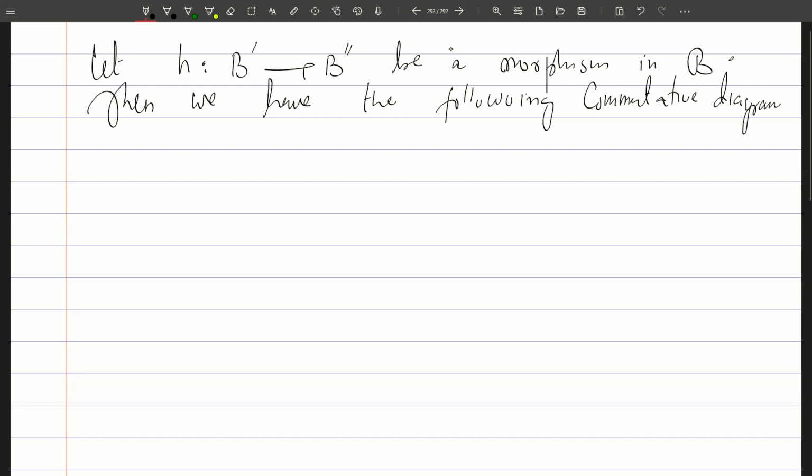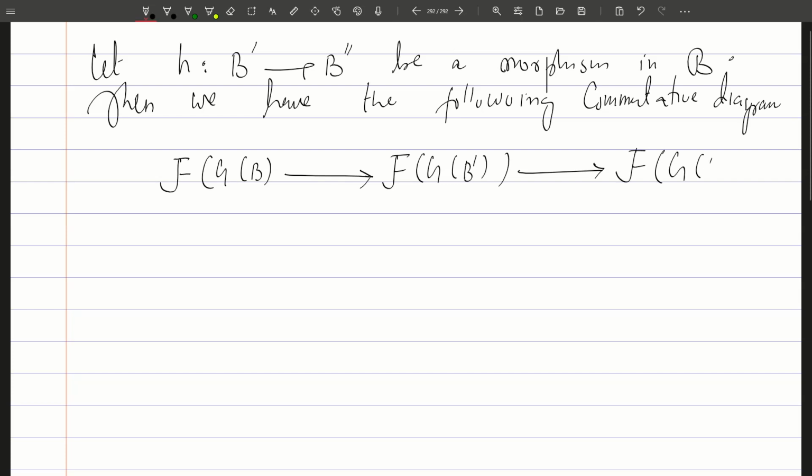So we have the object F of G of B and a morphism to F of G of B prime, then another morphism to the object F of G of B double prime.